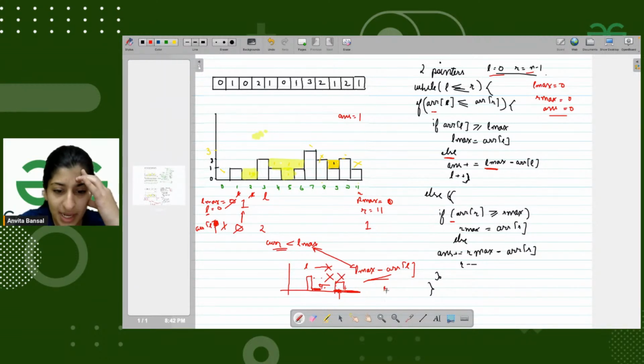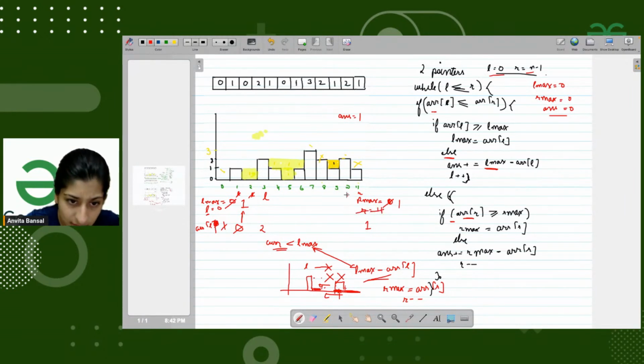So just simply update R max with your own value, which will be ARR of R, and move to the left value. Now come to this direction. That's what we are doing in this case. If ARR of R is greater than or equal to your R max, right? Then just update the value of R max to 1 and move your right pointer to the next left index.